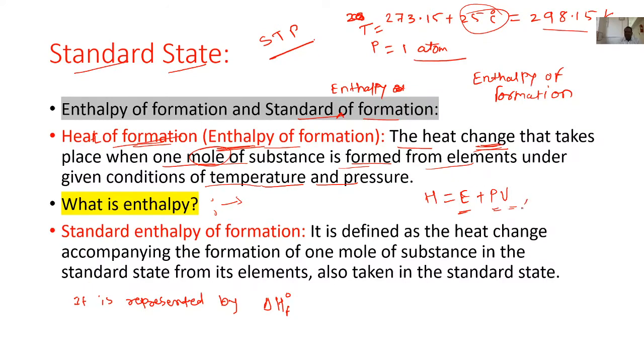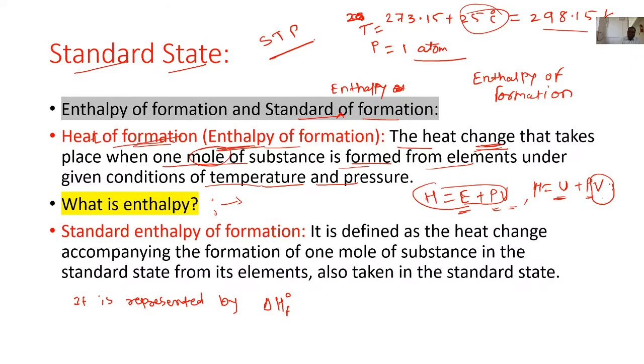Or sometimes this enthalpy is written as H is equal to U plus P into V. Enthalpy is the summation of internal energy plus the product of pressure and volume. Remember that H is equal to E plus PV, or H is equal to U plus PV. That is called the enthalpy.